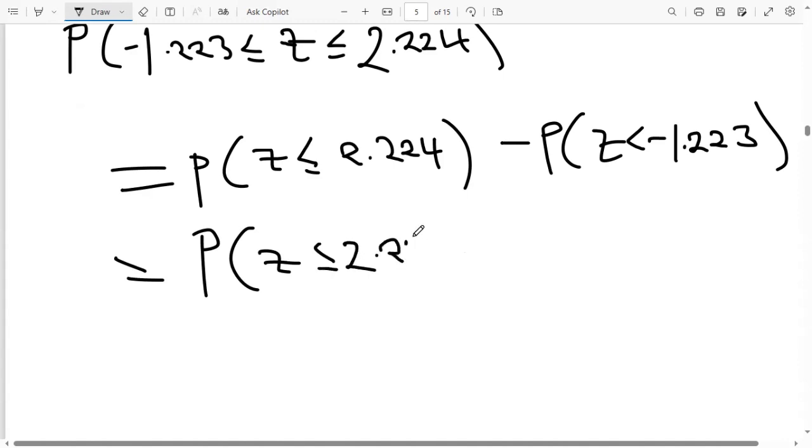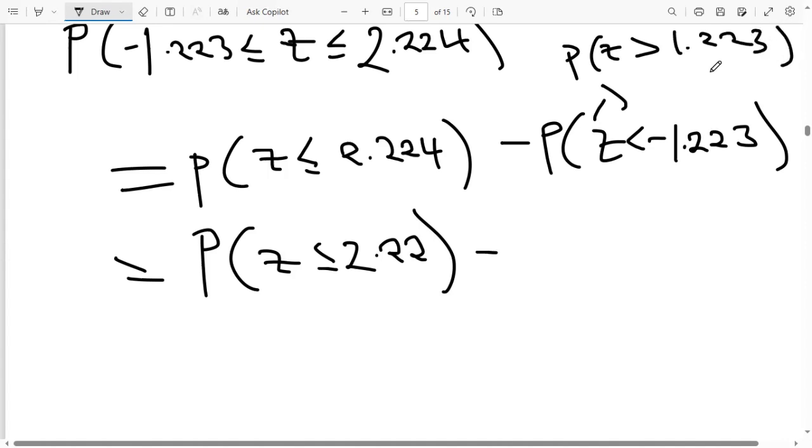But this one here, we have a minus, so first we have to change it to a positive. So this is the same as the probability of Z being greater than 1.223. Now we change it into a less than using the complement rule to be 1 minus the probability of Z being less than 1.22.